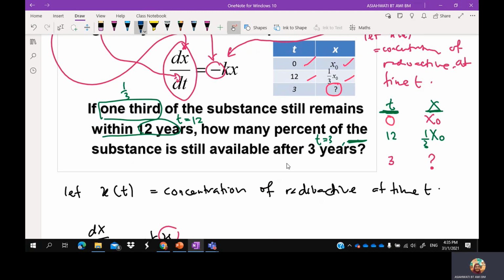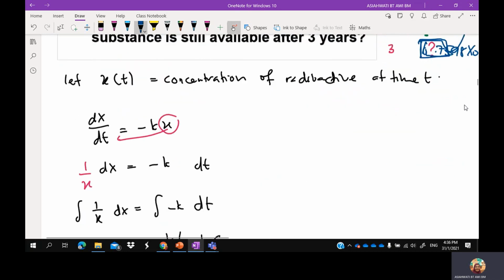When t equals 0, x equals x naught. When t equals 3, the last answer we got is over the first one, so here is 0.7598 x naught over the first one.